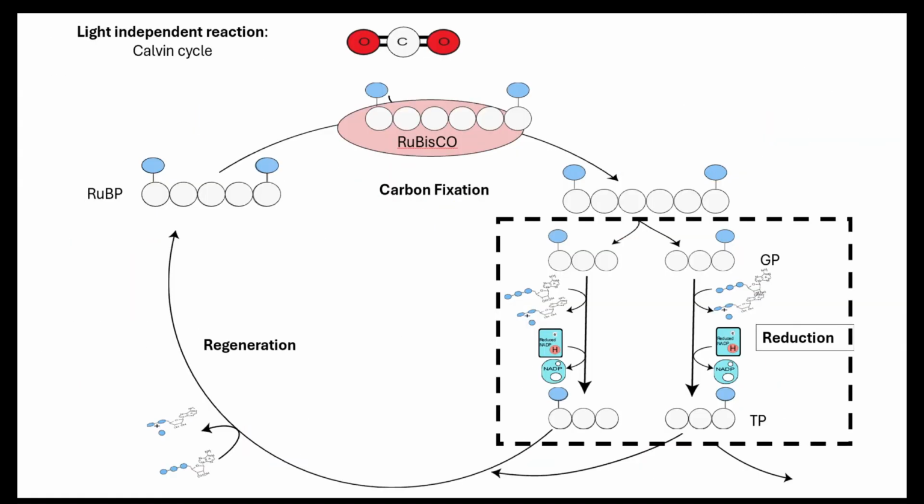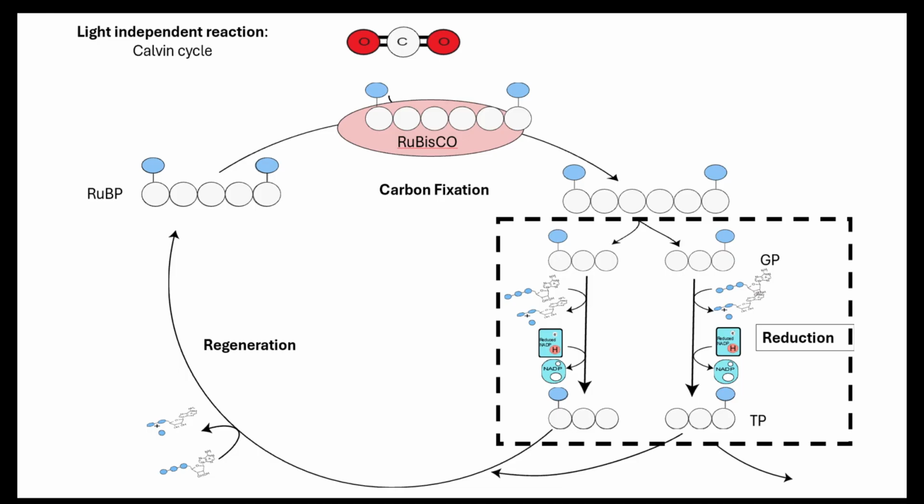So some of those products produced by the light dependent reaction are needed in the light independent reaction. Reminding ourselves that we have carbon fixation, RuBP and carbon dioxide are fixed into a 6-carbon molecule by the enzyme Rubisco. That will then lyse itself into GP, glycerate 3-phosphate.